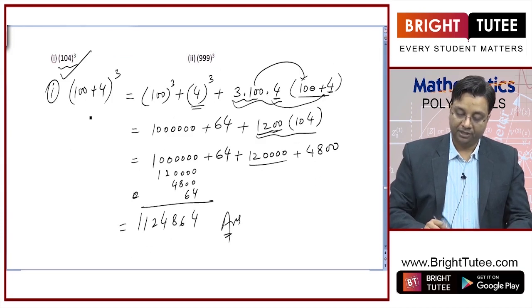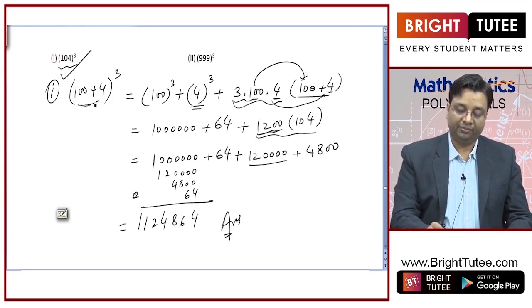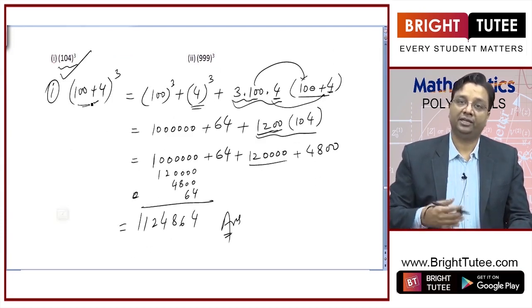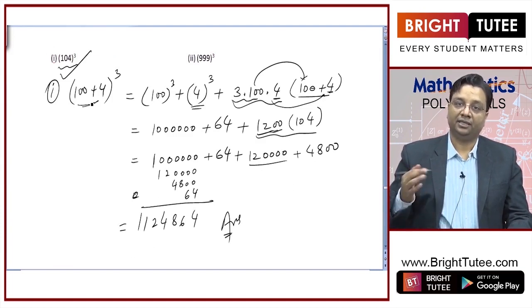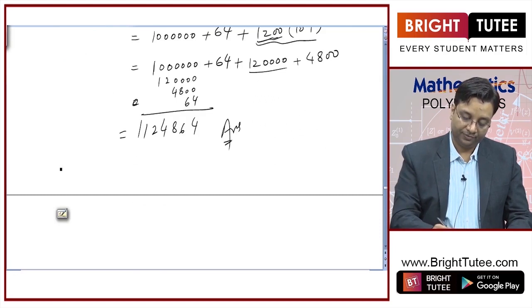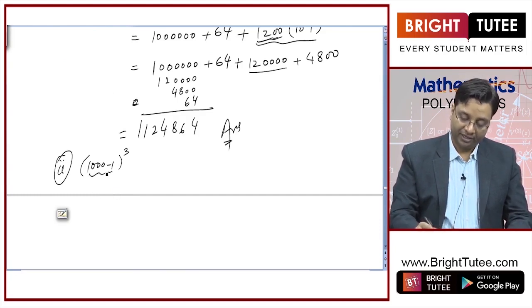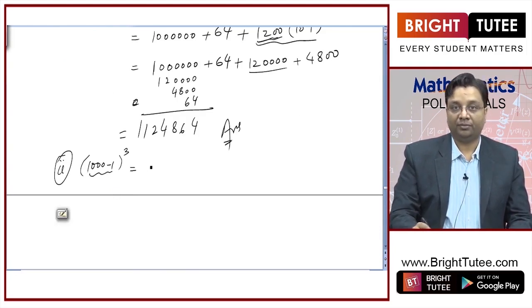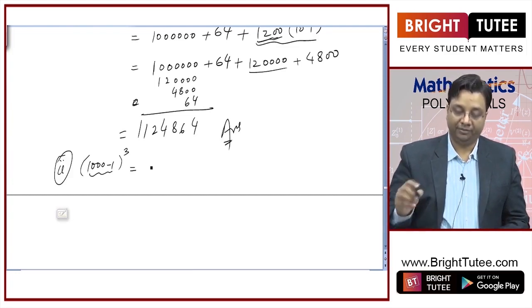I used the identity a plus b whole cube is equal to a cube plus b cube plus 3ab into a plus b, and for the second one I'll use 1000 minus 1 whole cube, right, because this is 999, and again a cube minus b cube minus 3ab, a minus b.